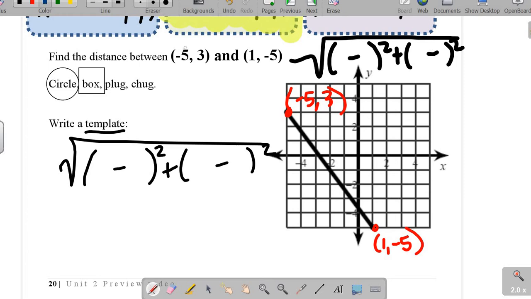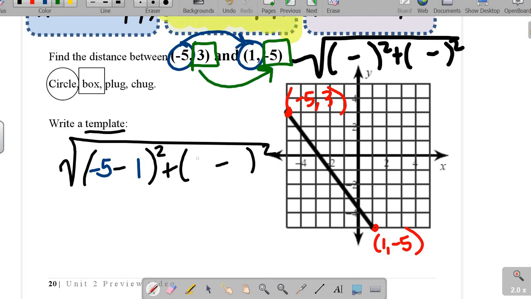Circle box plug chuck. We're going to circle the x's, connect with an arrow left to right, and plunk the x's into the equation left to right. Box the y's, arrow left to right.